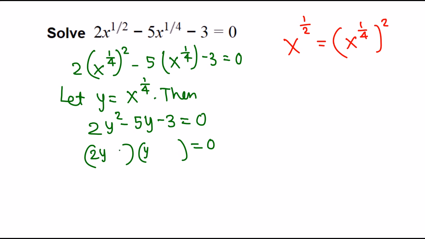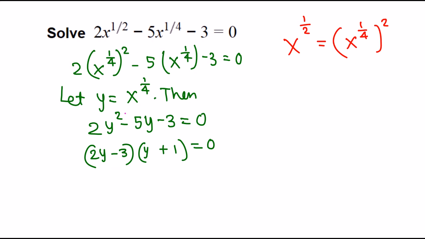Let's say 3 times 1. I might be wrong, then we have to correct to 1 times 3. And to get negative 3, one of them should be negative and the other positive. Negative 3, positive 1. We don't have to worry about the first and last terms, because 2y times y is 2y squared, and negative 3 times 1 is negative 3.